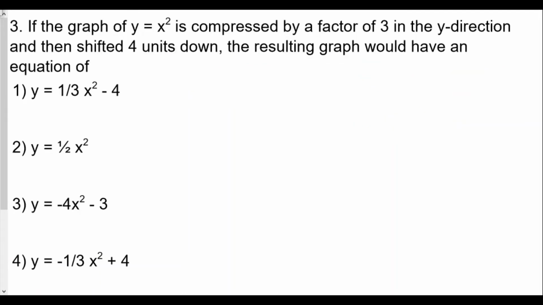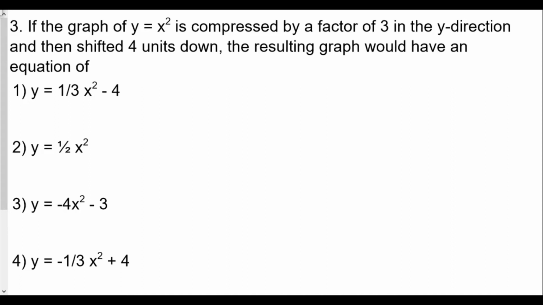Number 3, if the graph of y equals 2x squared is compressed by a factor of 3 in the y direction, then shifted 4 units down, the resulting graph would have the equation of, okay. So when we're compressing, it means we're squishing in this case.